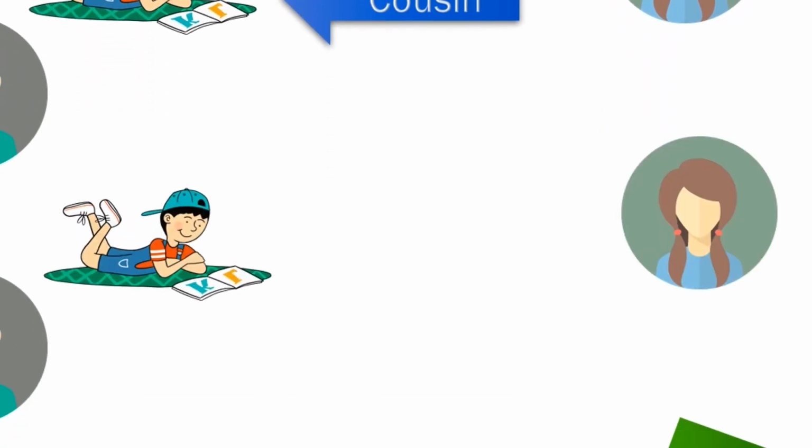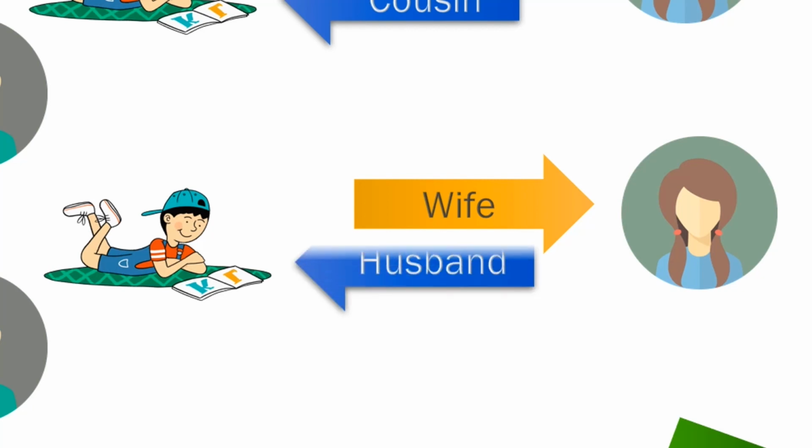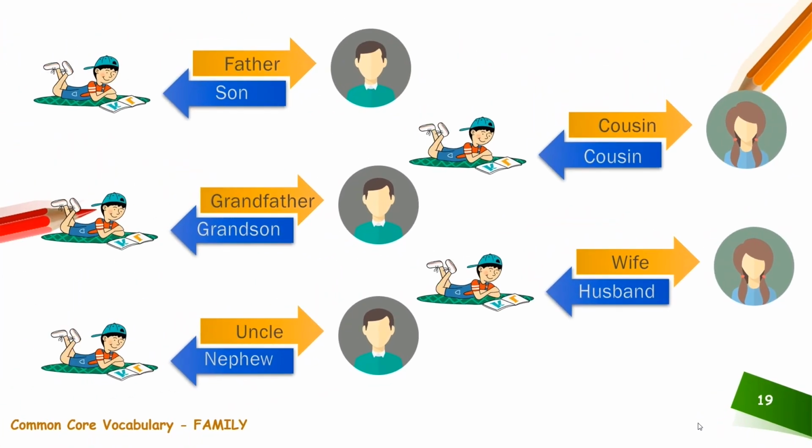And when the boy grows up and gets married, he calls her his wife and she calls him husband. So these are the different family members if the speaker is the boy.